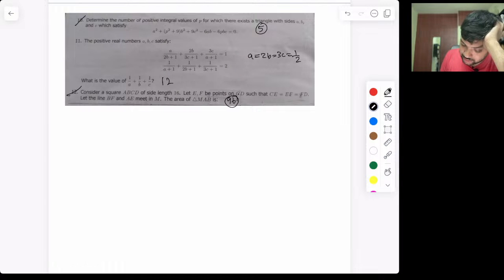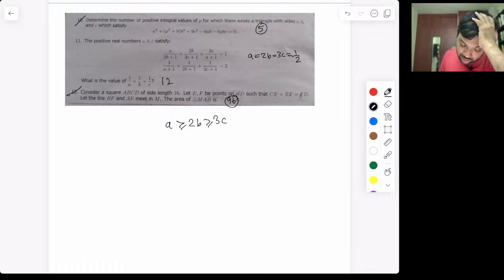Or it can be rearrangement also. If a is greater than or equal to 2b is greater than or equal to 3c, order a, 2b, 3c. Actually, it doesn't matter. You can call 2b y, 3c z and a x. They have just chosen the variables that way.